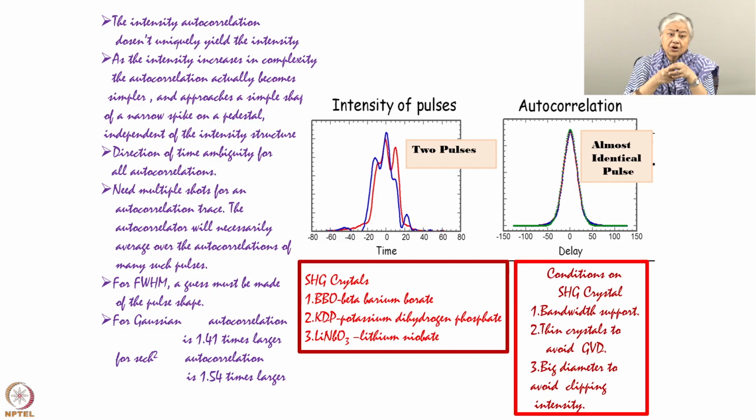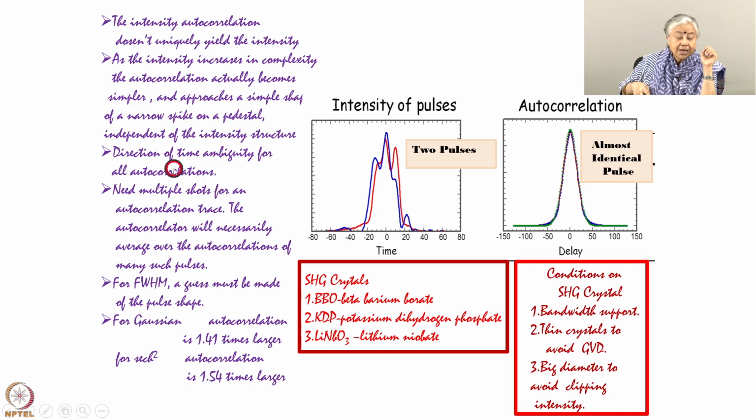The intensity of the autocorrelation gives a very simplistic intensity. However complicated your pulse may be, you will get a very simple profile in the end. As the intensity increases in complexity, the autocorrelation actually becomes simpler.